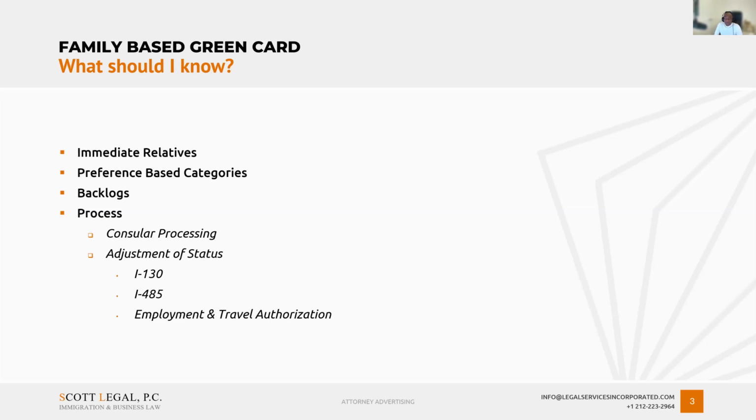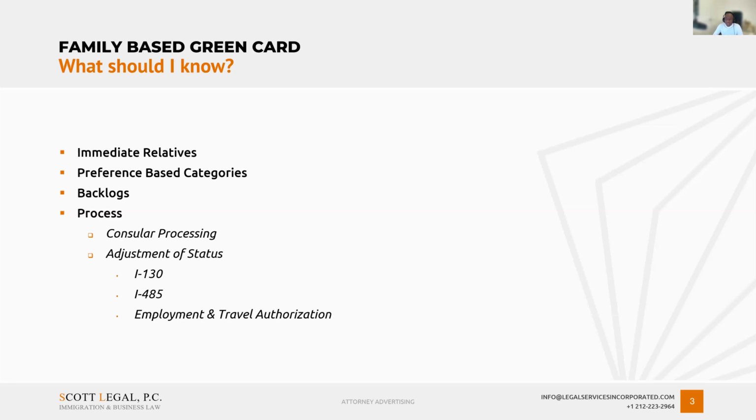So now let's talk first about family-based green cards. This is definitely a way that a lot of people move from a non-immigrant visa to an immigrant visa. An immigrant visa is synonymous with green card. Someone might be on an E-2 visa, and then they meet the love of their lives in the United States, and that person might be a U.S. citizen or a green card holder, and then they marry, and then they're able to get a green card that way.